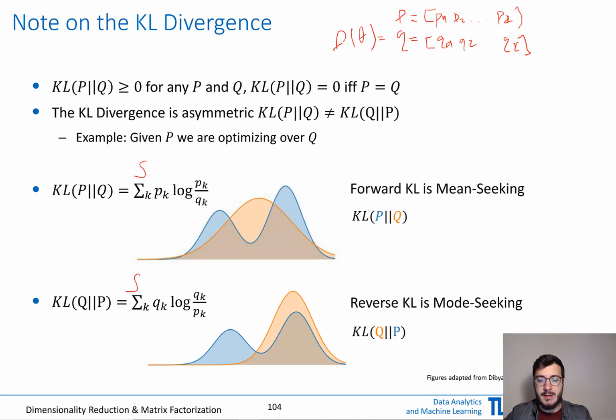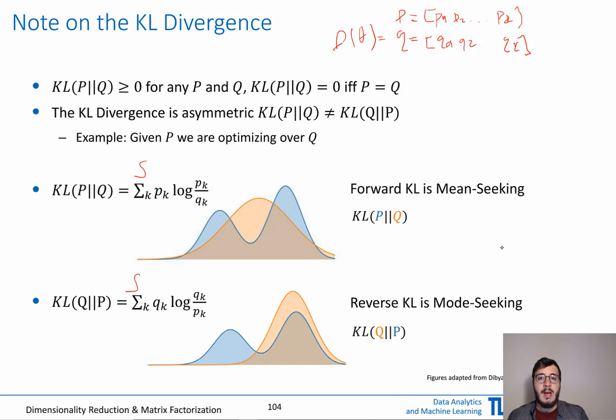So what this means is that the optimal solution when we're optimizing the forward KL has to put mass everywhere. And this is the reason why we chose the forward KL divergence in t-SNE, because we want to cover all of the modes of the P distribution.